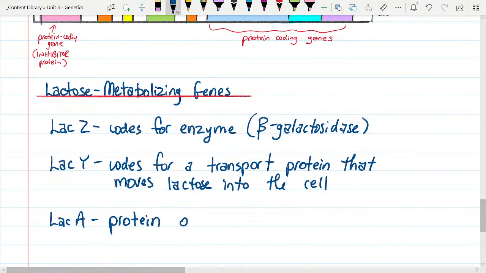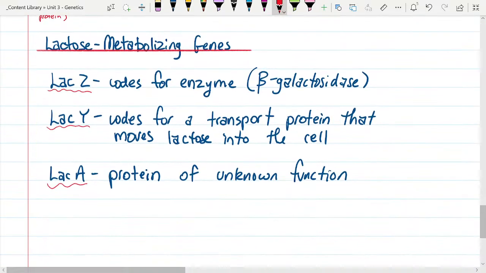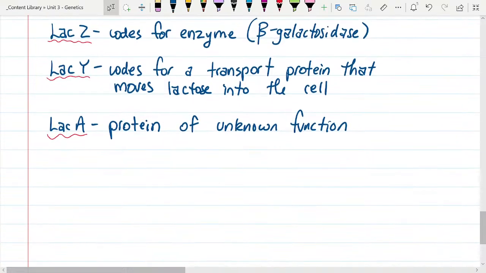It's a protein of unknown function. That might have changed since I last studied this and made this note. That's something I might look up. But we just mention it as something we include because it does get made. It's part of this same promotion system.